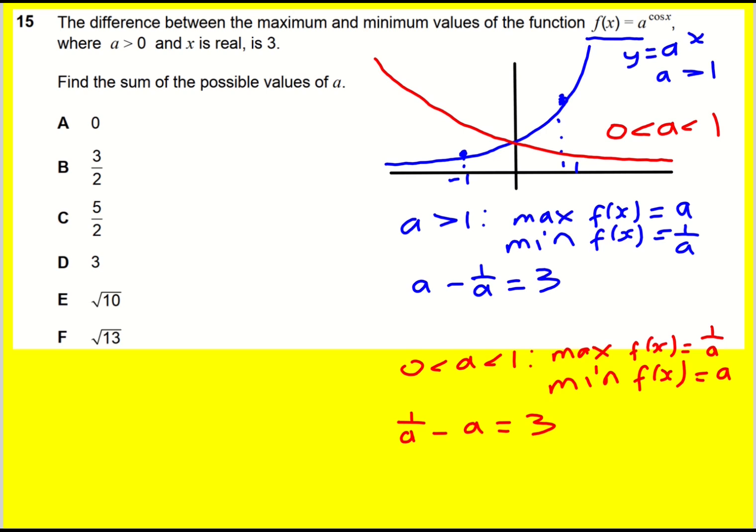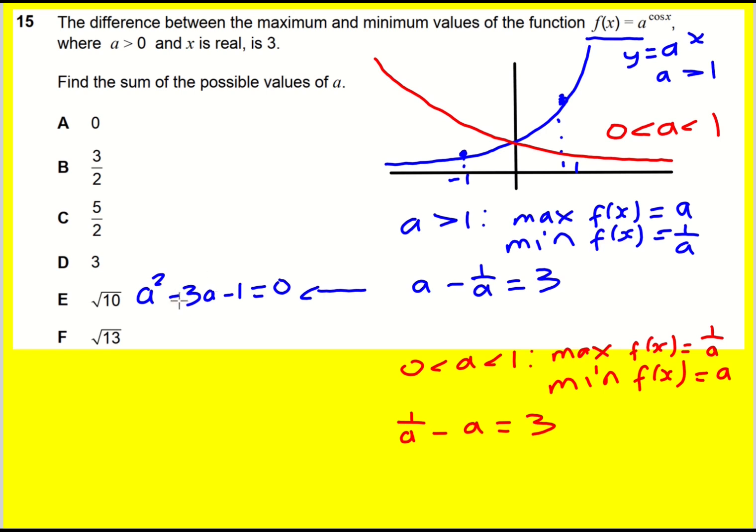Okay, we've got these two equations to solve. They're both hidden quadratics. So I'm going to get a squared minus 3a minus 1 equal to 0 over here. And this is not factorizing or anything. So we could either use the quadratic formula or we could complete the square.